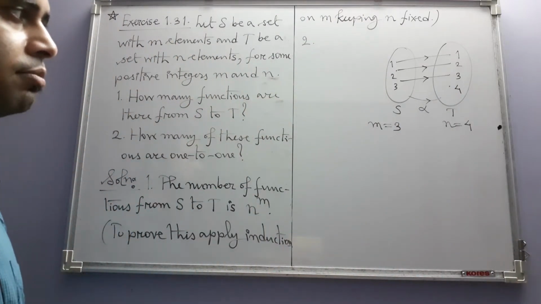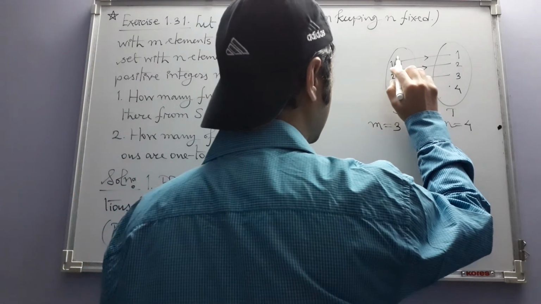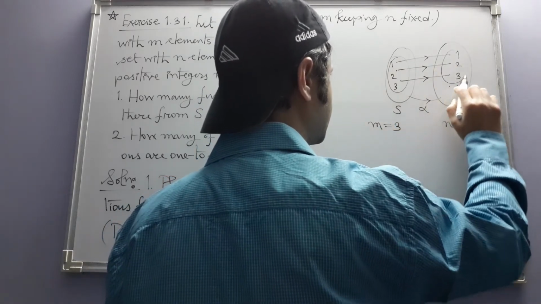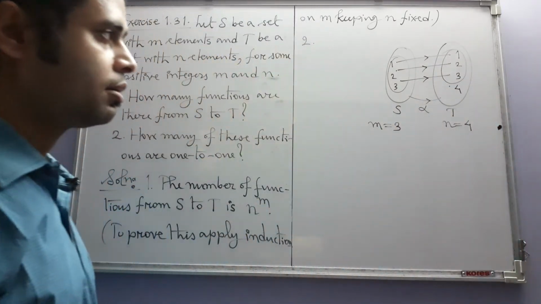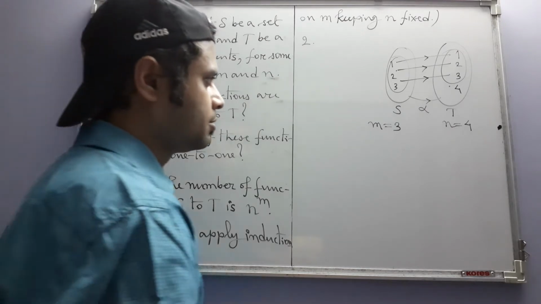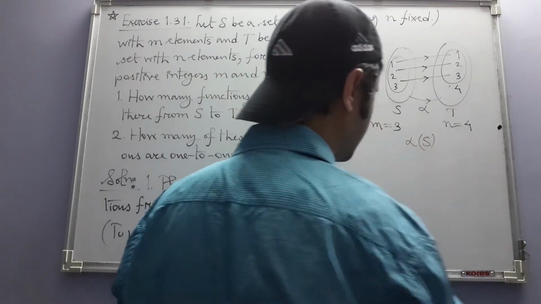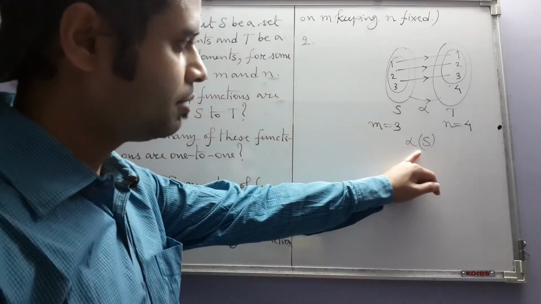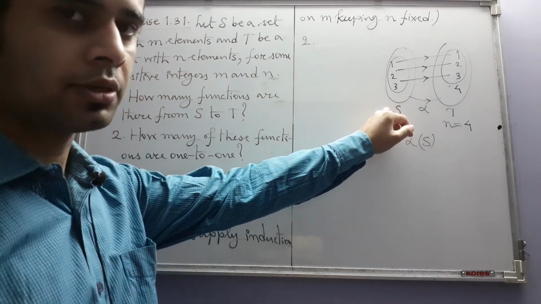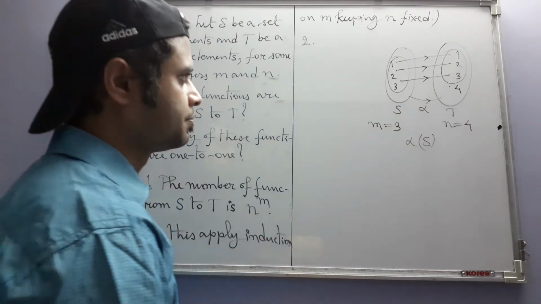This is a one-to-one function from S to T. So the number of elements in S is the same as the number of outputs. In other words, the image of S under alpha has the same number of elements as S has.